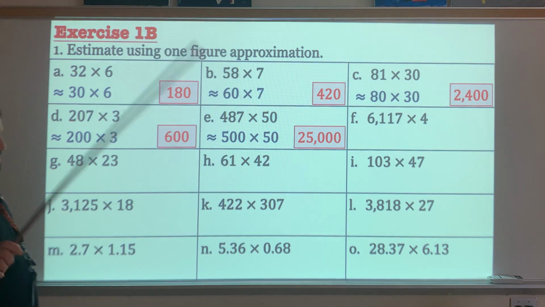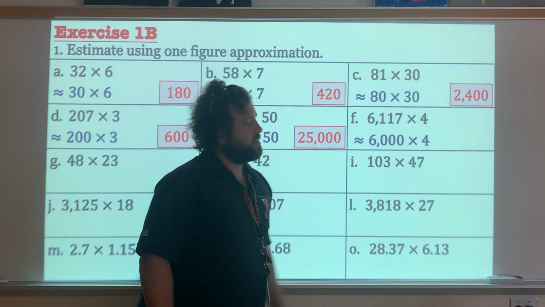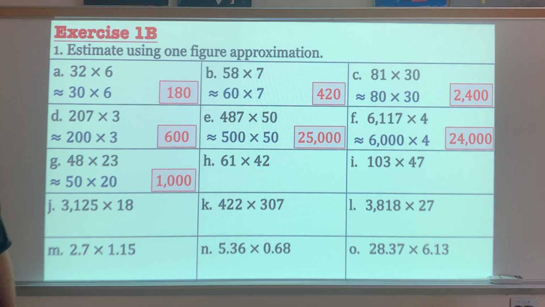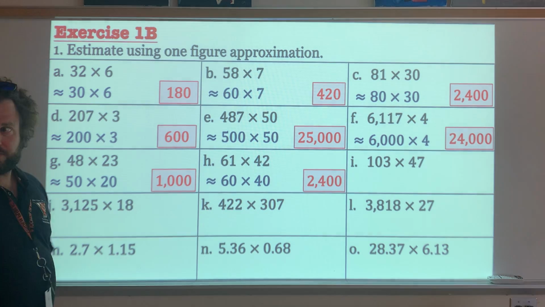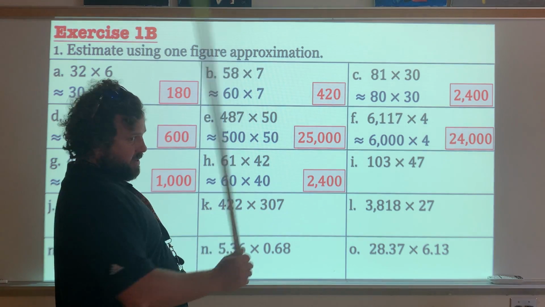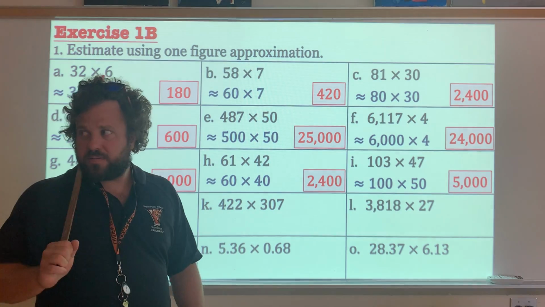This is like the easiest lesson ever. 6,000 times 4, 24 and 3 zeros is 24,000. 48 rounds to 50, 23 rounds to 20. 5 times 2, then 3 zeros, 1,000. 60 times 40, 2,400. 150. 5,000.